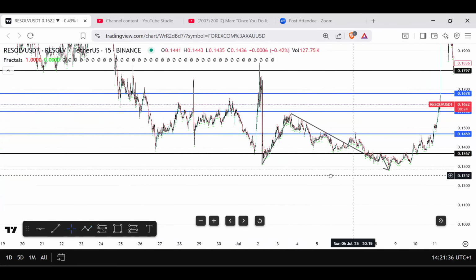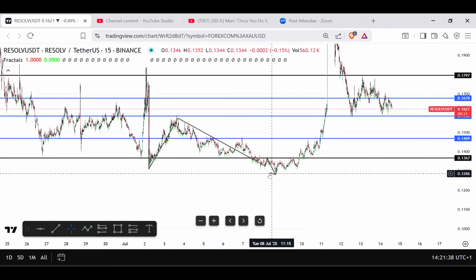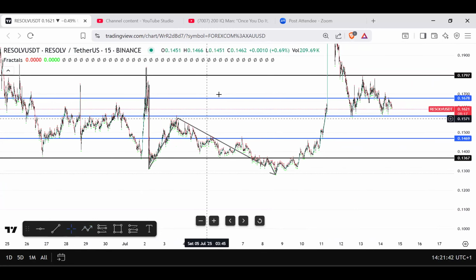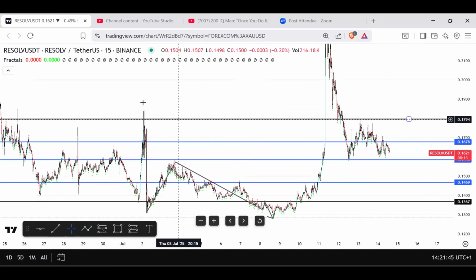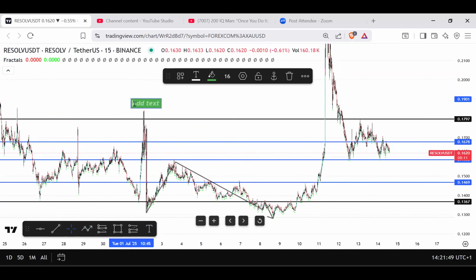So this is the lowest point, and this was the previous lower high.